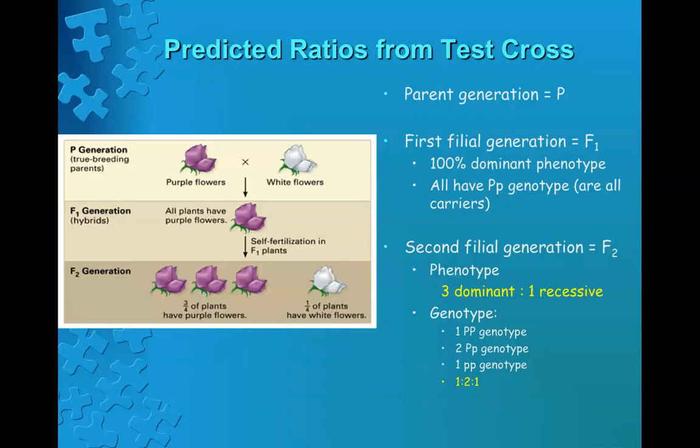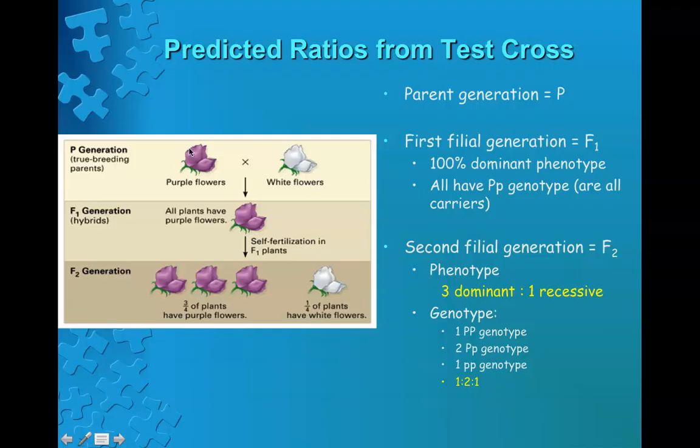So let's assume that my parents were in fact true breeding parents. If I'm true breeding, it's kind of the same thing as saying purebred, and that means that they are homozygous for their trait. So this parent would be homozygous dominant, so 2 capitals. This one would be homozygous recessive, so 2 lowercase.